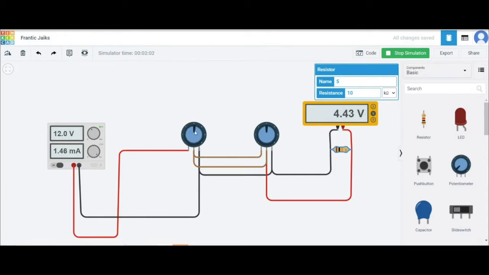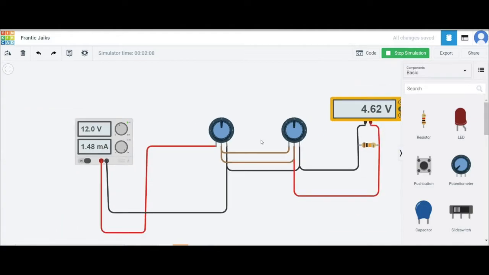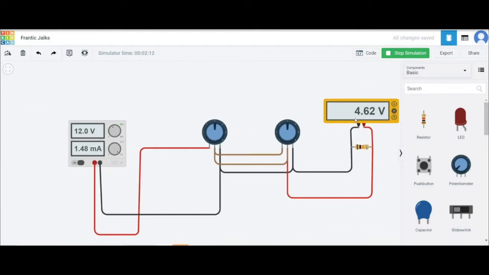If I put it at the middle, I got this. My reading for the voltage VR2 is 4.62 volt.